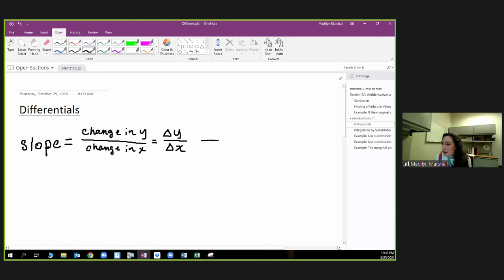The way we have been talking about slope in calculus terms, though, has been dy dx. So when that change in y and change in x get infinitely small, we now have the concept of slope at a point with an infinitely small change in y over an infinitely small change in x.